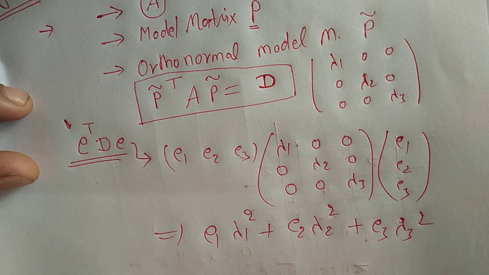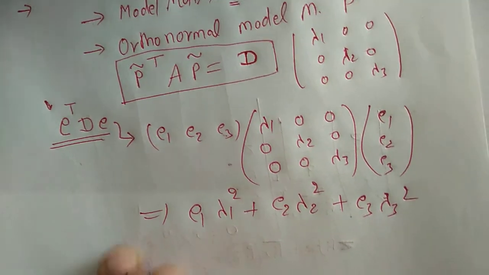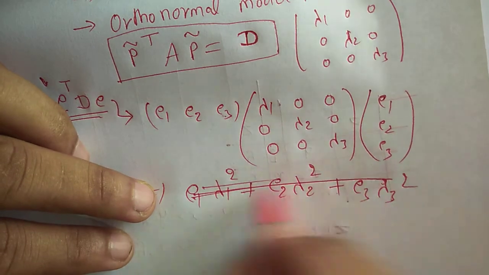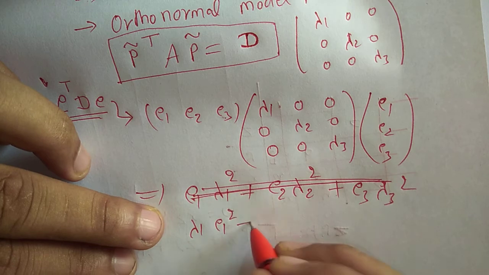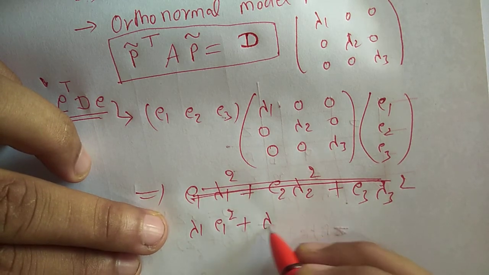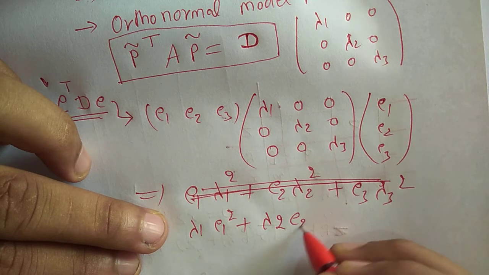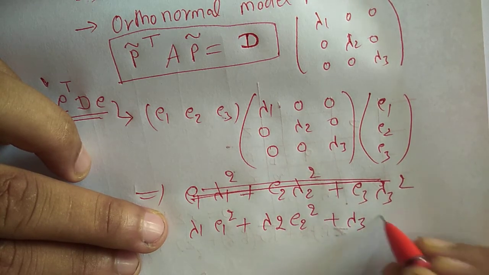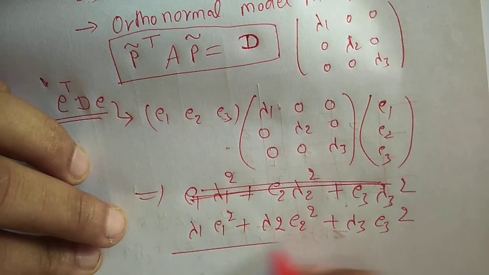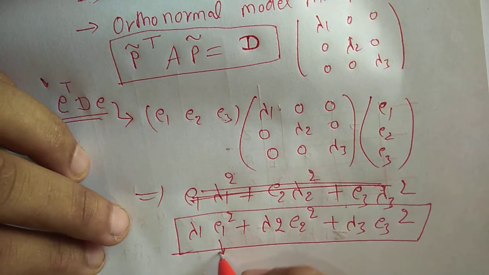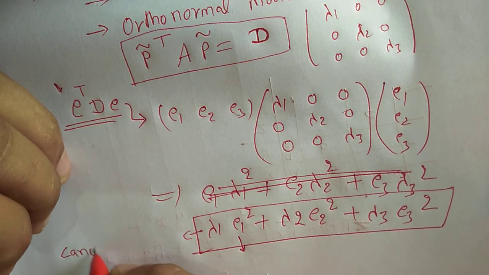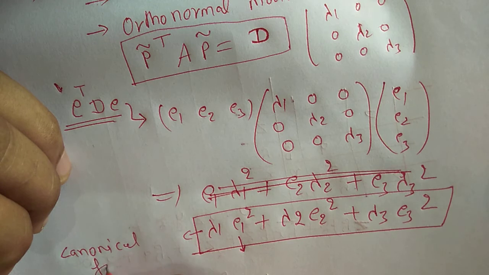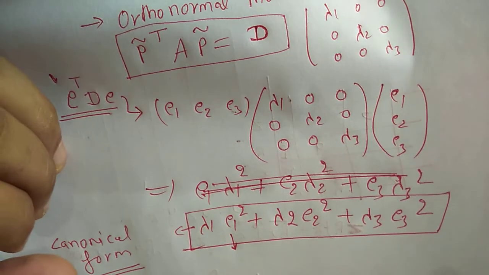If you multiply, we get lambda 1 E1 square plus lambda 2 E2 square plus lambda 3 E3 square. So this is your quadratic form. This is the canonical form.